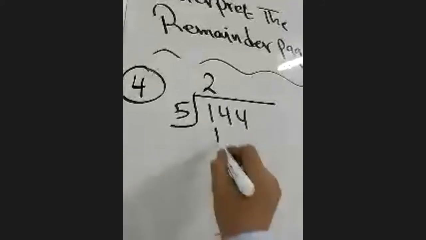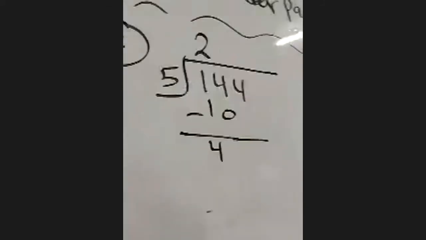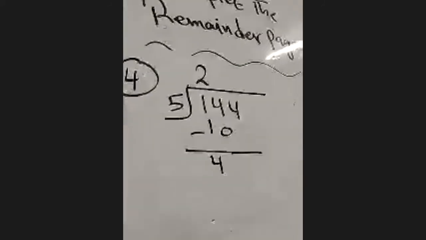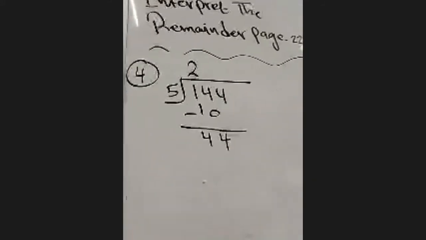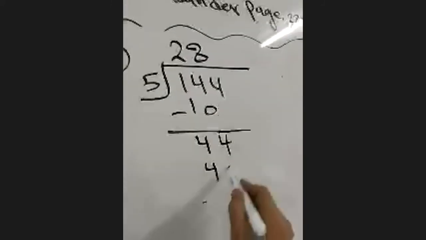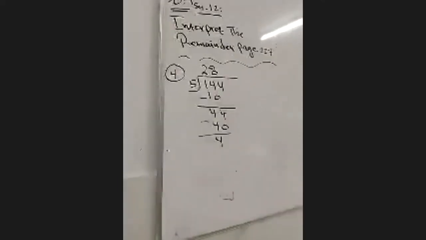Put 2 up. 2 times 5 down, minus, the answer is 4. Bring the 4 down. Now we have 44. Put 8 up and 40 down. Minus them, it's 4. The answer is 28.